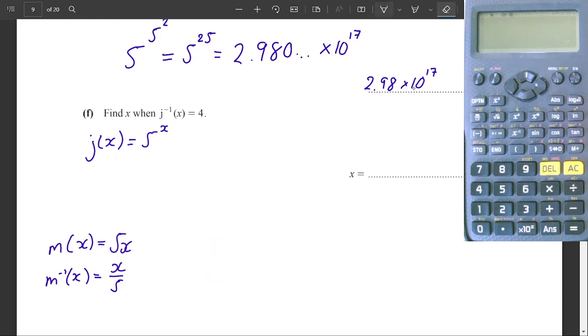If I now tell you that the inverse of m of x equals 4, like we did in question F, it means that will be equal to x over 5. So what would x be? We multiply by the 5 on the other side and we get x is 20. Can you see what's happened here?